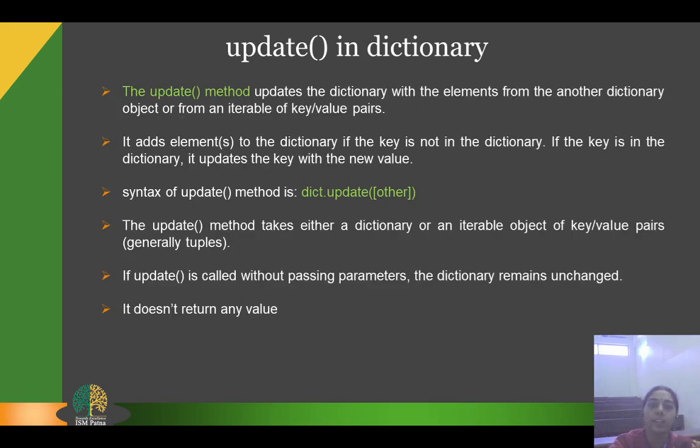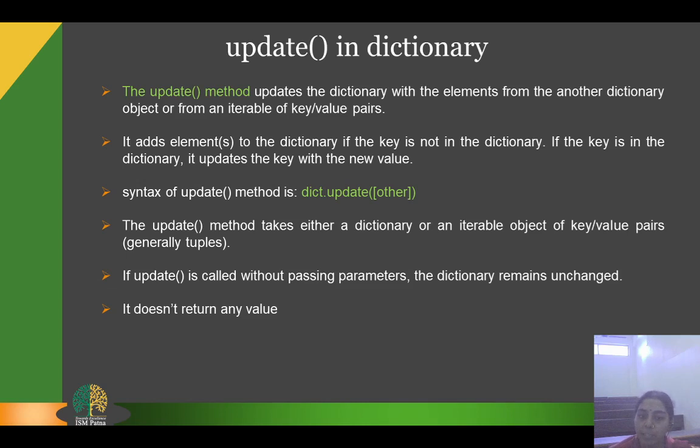The next function is the update function. The update function is used to update the dictionary with the elements from another dictionary or object. It adds an element to the dictionary if the key is not in the dictionary. If the key is in the dictionary, it updates the key with the new value. The syntax is dict.update.